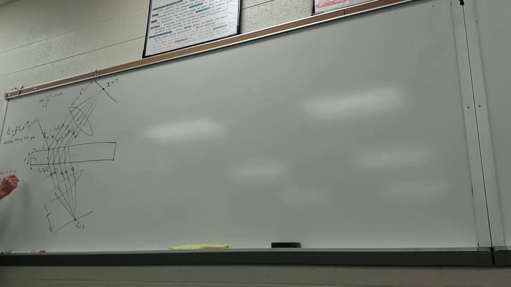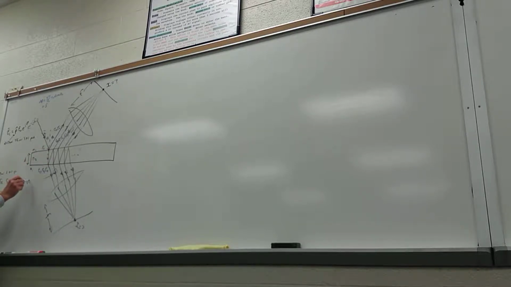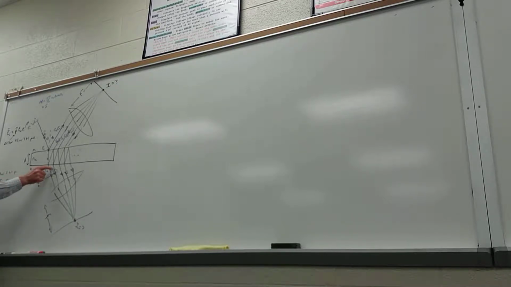T12, and then here we get reflection, R21, and here we get R21, and here we get T21, E0, and then how much phase? This relative to that? E to the minus j delta.